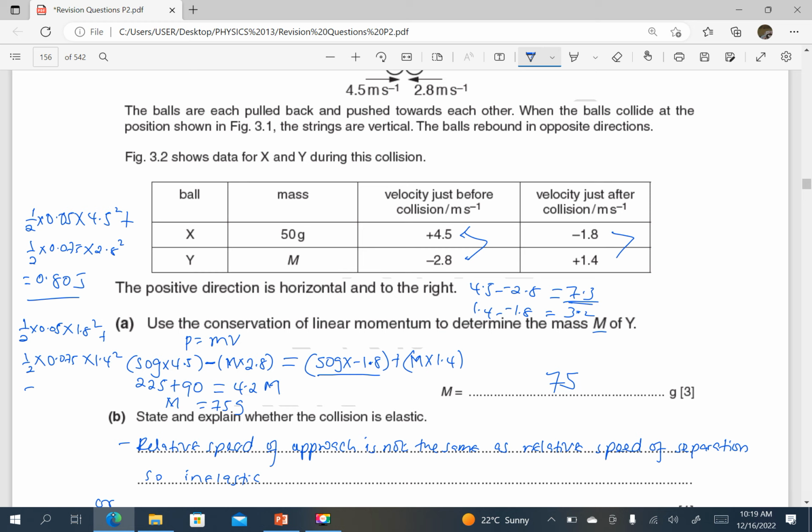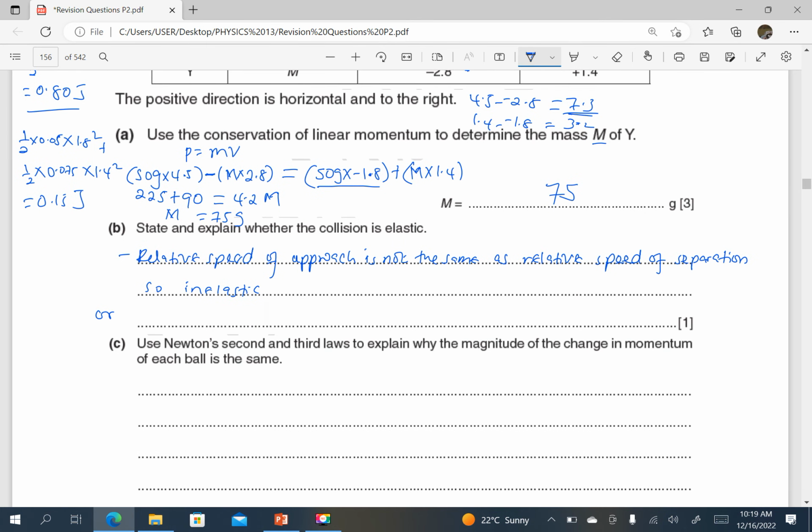This gives me 0.15 joules. So you could also say inelastic, because the total kinetic energy before is not equal to the total kinetic energy after. So the collision is inelastic.